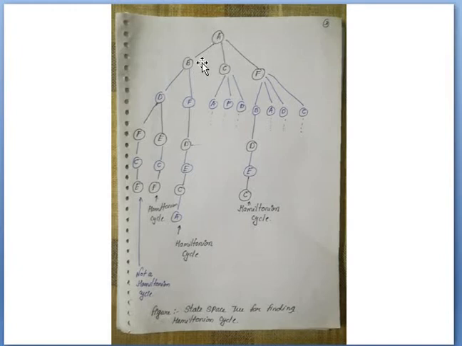If we follow the path from A to B, B to D, D to F, F to C, then after C I have to go to node E. That is not a Hamiltonian cycle, so I look for another solution by backtracking.